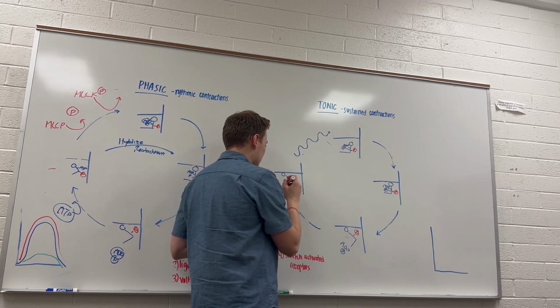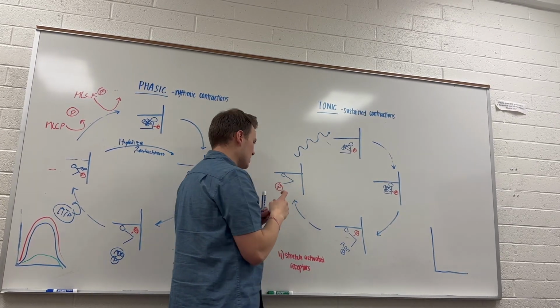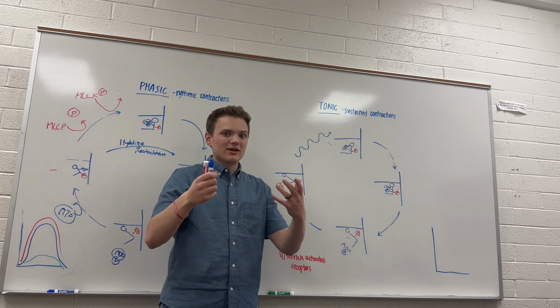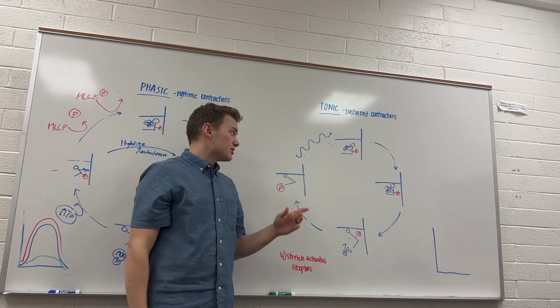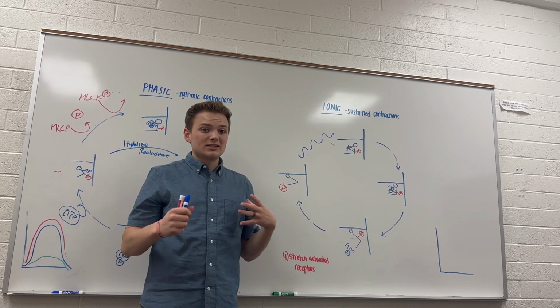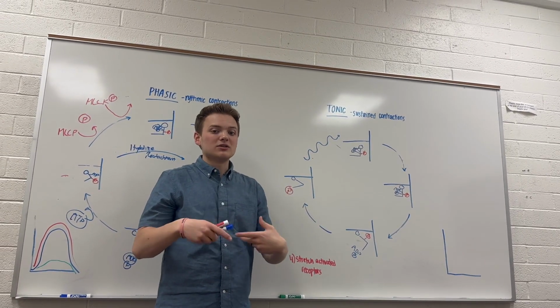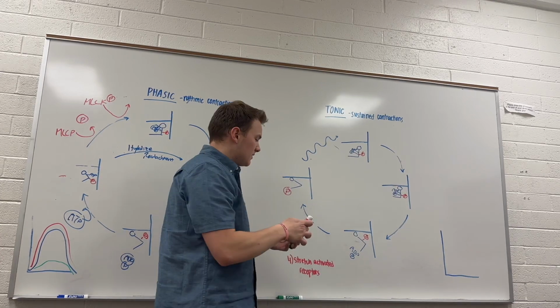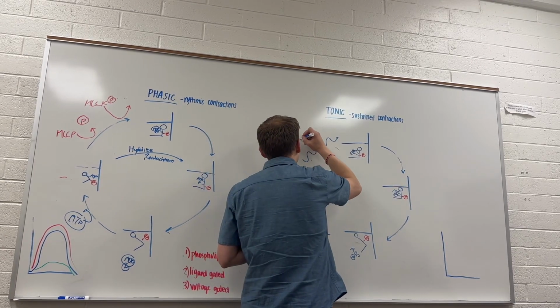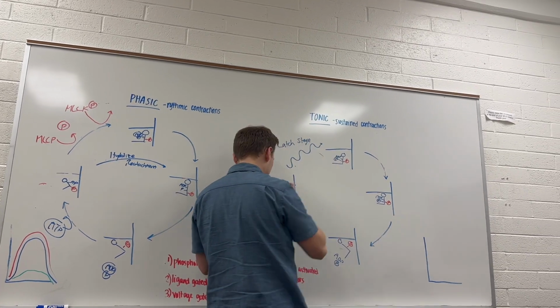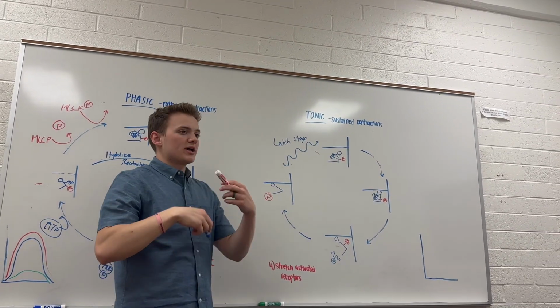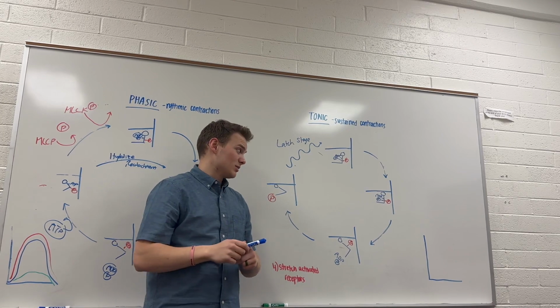That causes not really an issue, but an issue for the myosin head, where now it doesn't have enough energy to actually fall off, and it's going to stay in that contracted state. This is just a really efficient way for muscles to stay contracted without actually consuming more and more energy. This phase we call the latch stage, because it stays latched. We're not going through a phasic cycle like we saw with the phasic muscles.